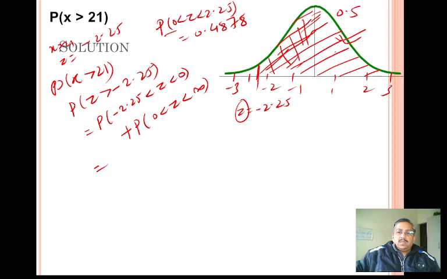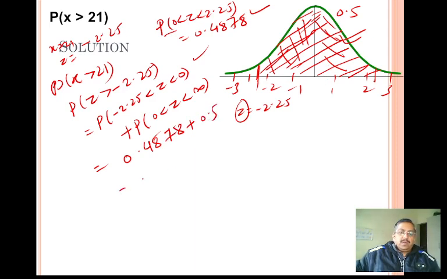Now we need to discuss that since the axis has symmetrical ordinates, this part and this part will be similar and have the same value. That means this value and this value are the same. So using the symmetry concept of the normal distribution, this is 0.4878, and then the right-hand part is all along 0.5.